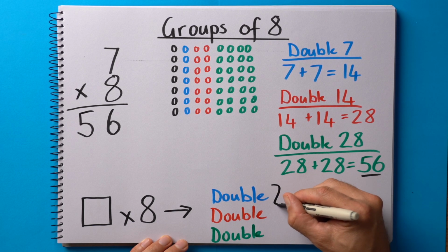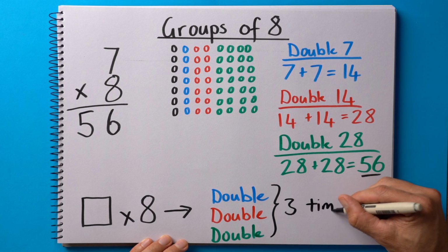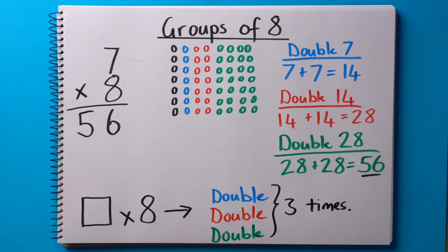We need to double 3 times. Anytime you want to find a group of 8, you can use this strategy. Double once, double twice, double 3 times.